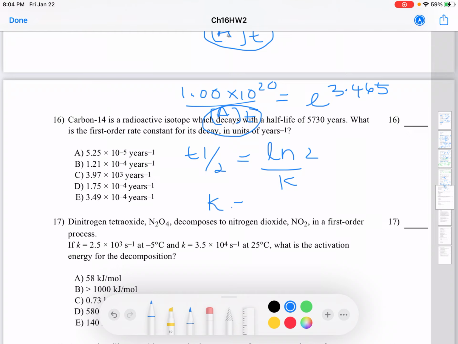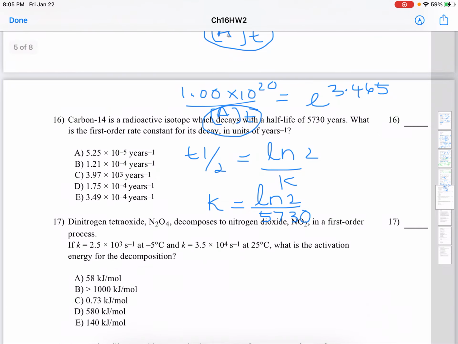Rate constant k would be ln 2 over t half, which is 0.693 divided by 5,730. Okay, that would give you the answer. That's 16. Yeah, that's correct.